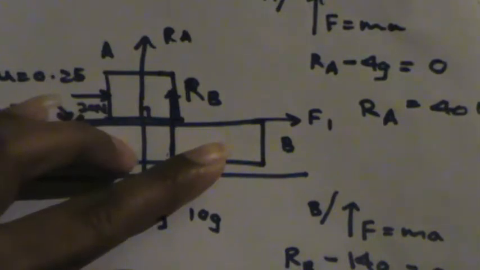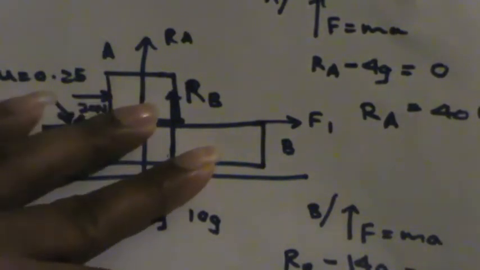But for B, the total applied force is 10 newtons and the total opposing force is 35 newtons. So this object will not have an acceleration. So a is equal to 0. What happens when you keep these two objects stationary and put a force of 20 newtons on A is that A will accelerate in this direction, but B will not accelerate.